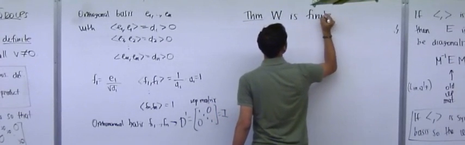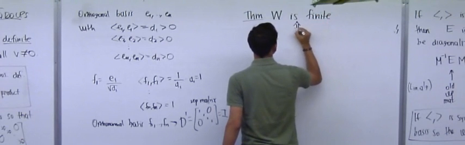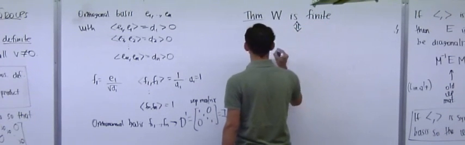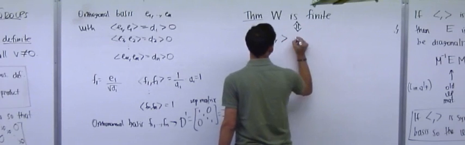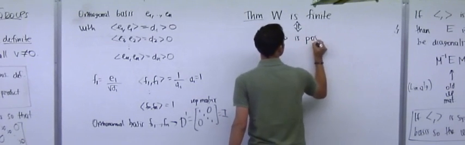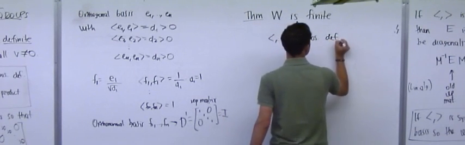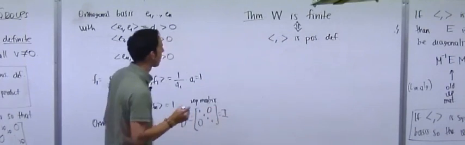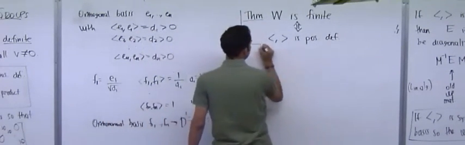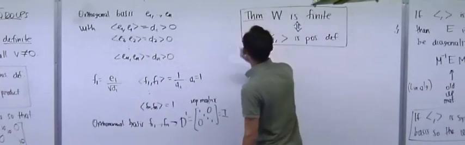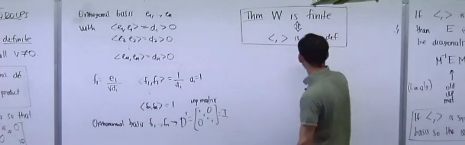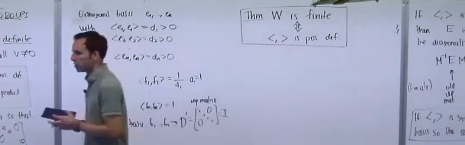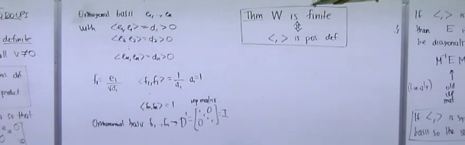A Coxeter group is finite if and only if its bilinear form is positive definite. Okay. So this theorem refers to this correspondence right here, where you go from a Coxeter group to a bilinear form.